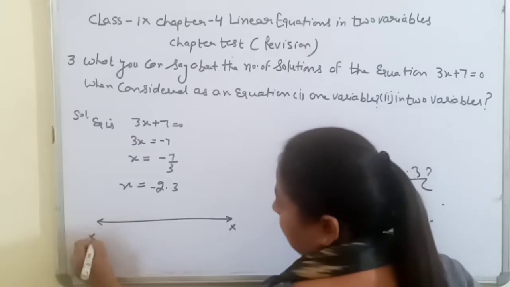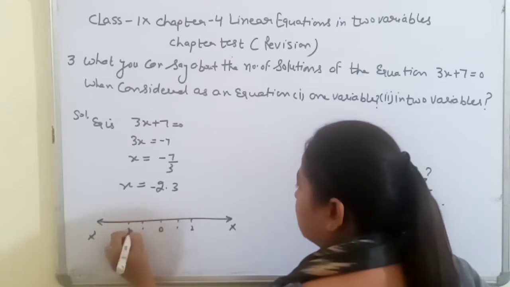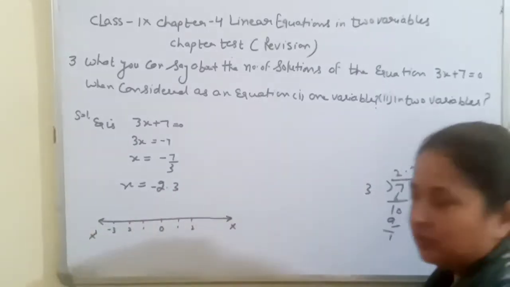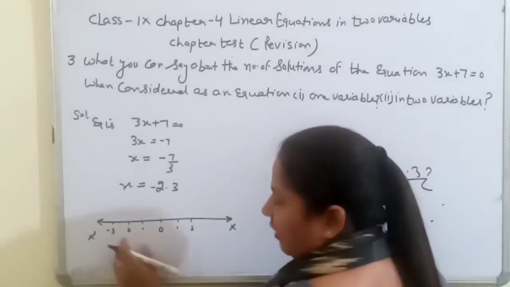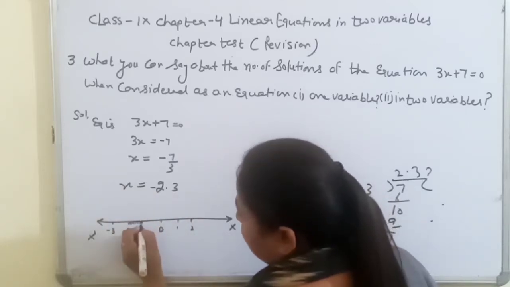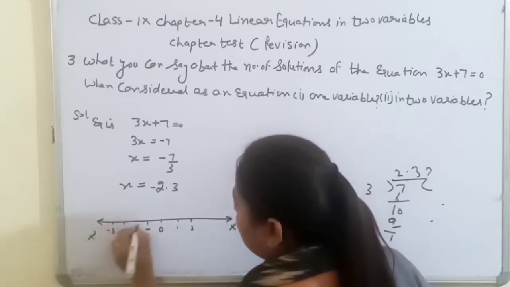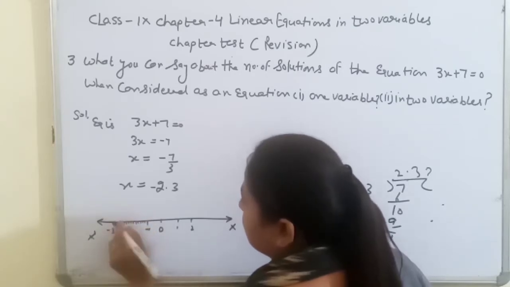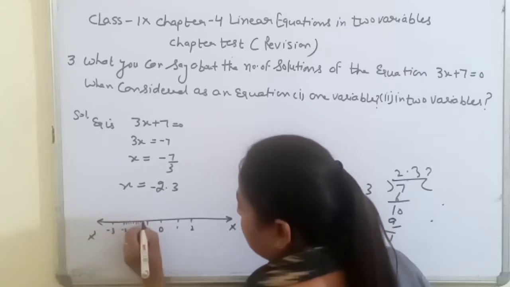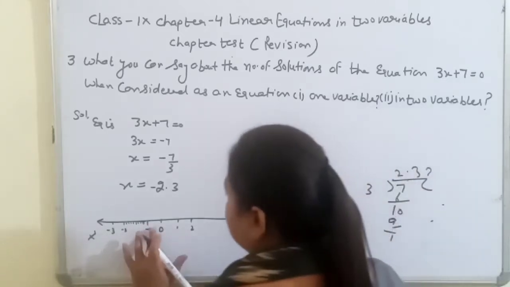This is the positive x, negative x, 0, 1, 2, 3. When you draw it on your graph sheet and take a distance of 1 unit, you can see 10 small boxes: 1, 2, 3, 4, 5, 6, 7, 8, 9, 10. Now we have to count up to minus 2.3.